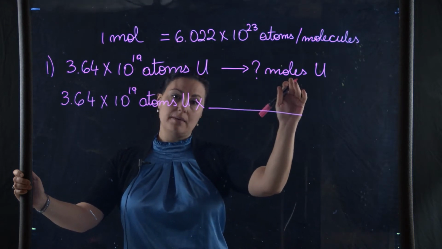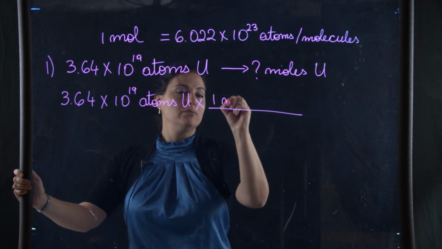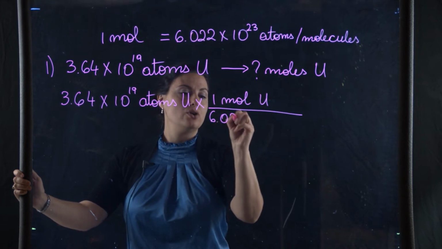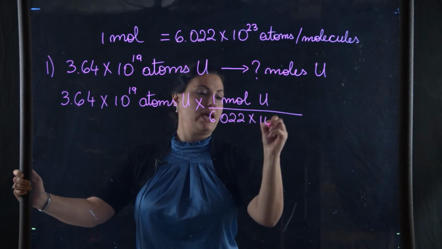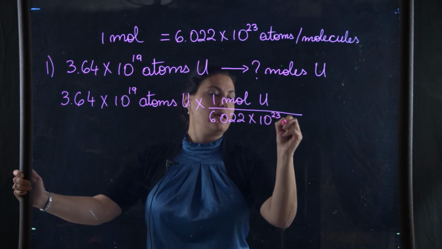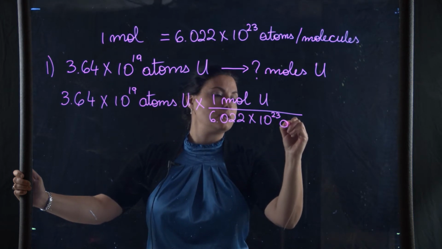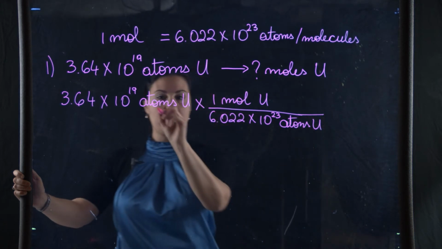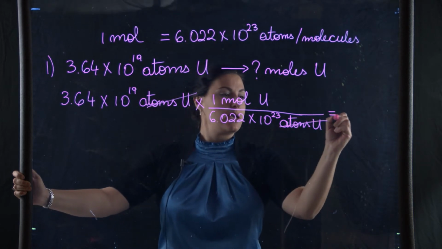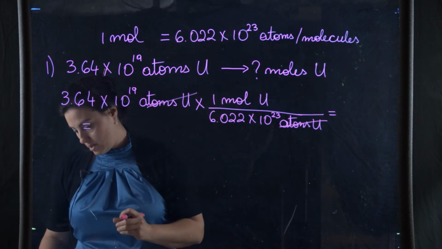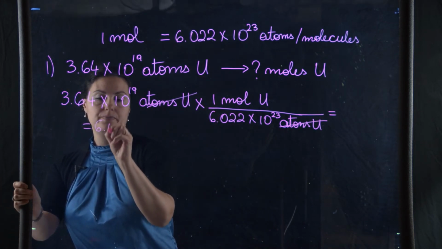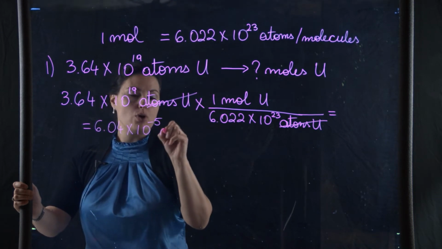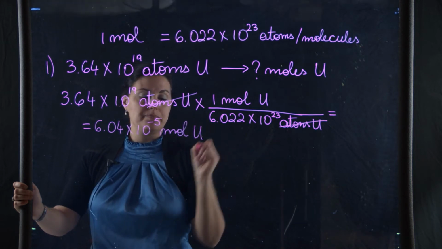I want moles on top because that's what I'm looking for. 1 mole of uranium contains 6.022 times 10 to the 23rd atoms of uranium. My atoms will cancel, and I have 6.04 times 10 to the minus 5th moles of uranium.